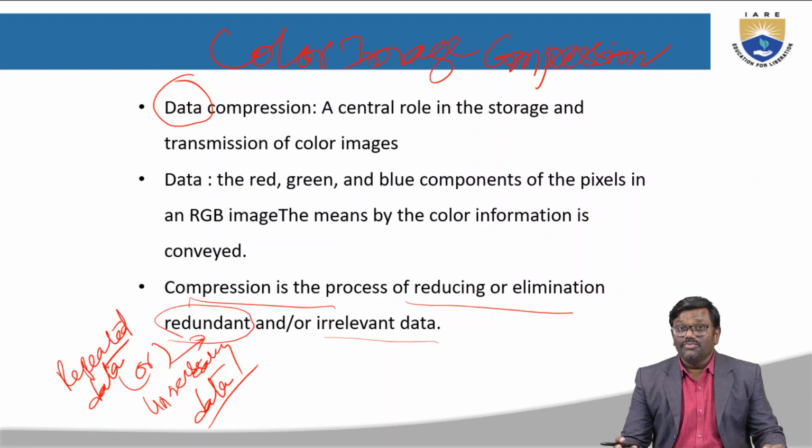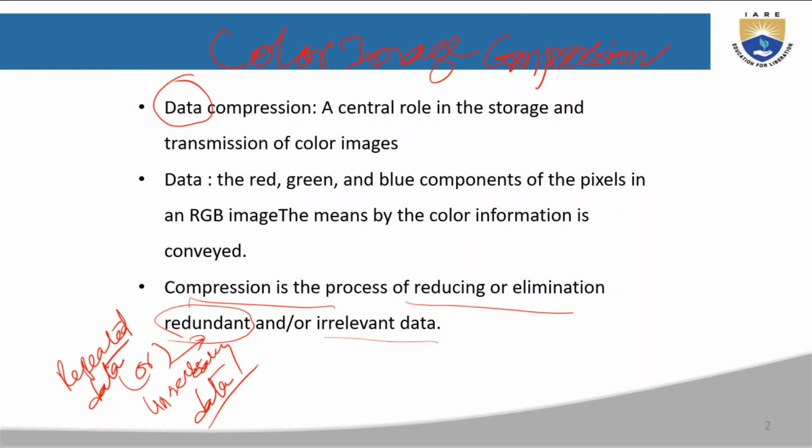One is that the storage capacity is reduced. Meanwhile, unnecessary or repeated pixel information in your image data is eliminated, and irrelevant image data also is eliminated. That is the most important point to understand here.